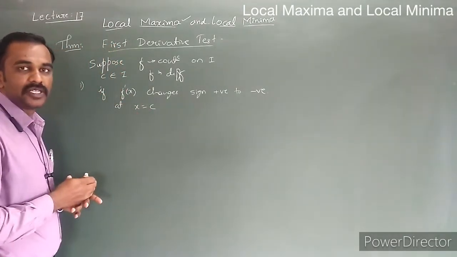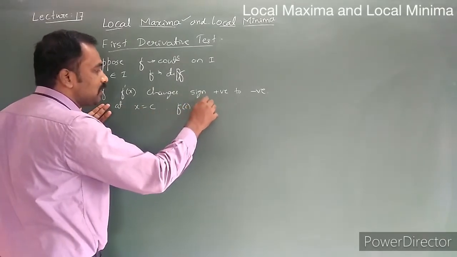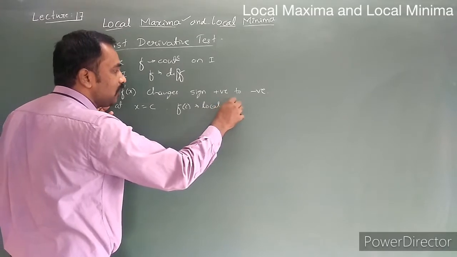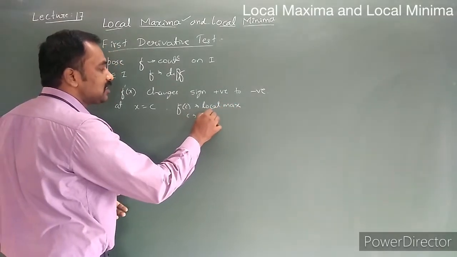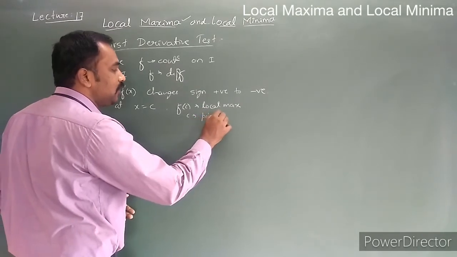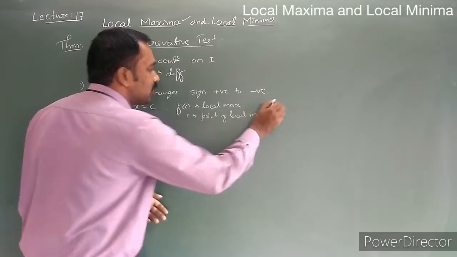Then f of c is said to be a local maximum value, and c is said to be a point of local maximum.